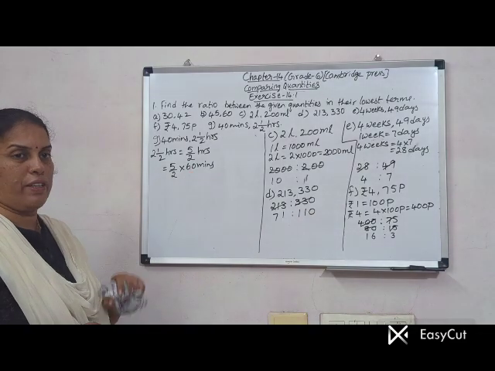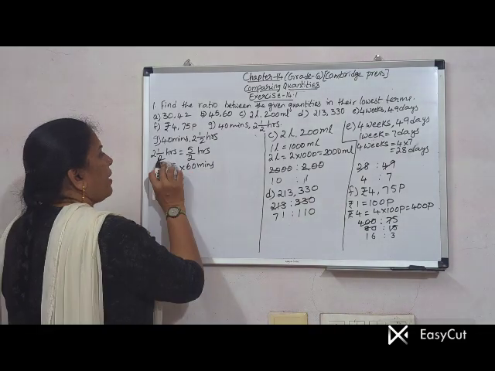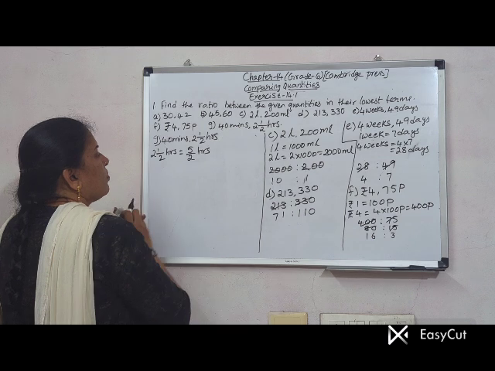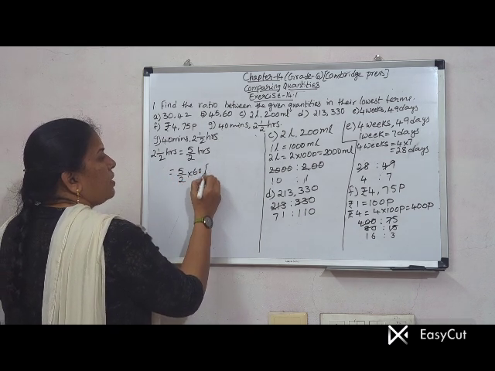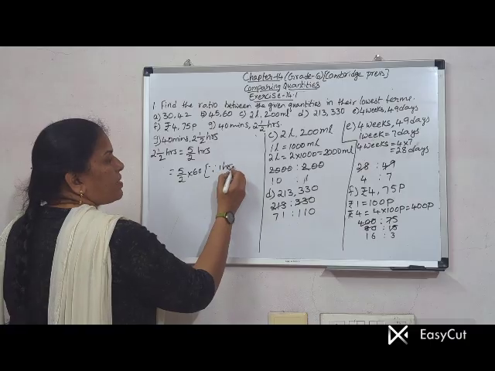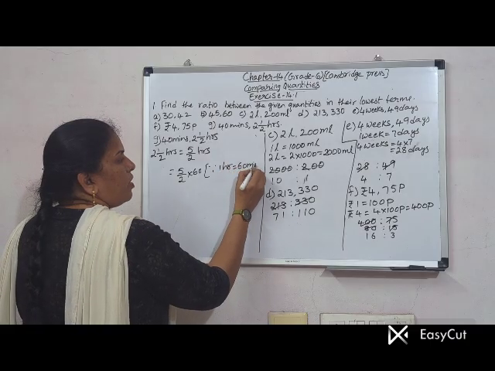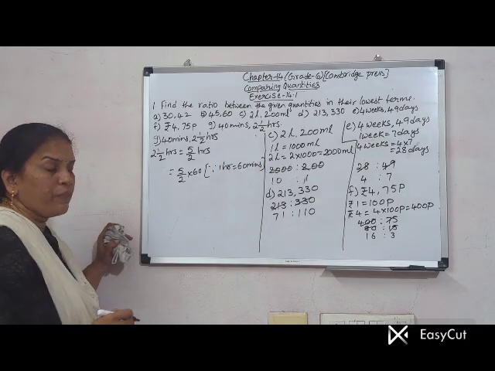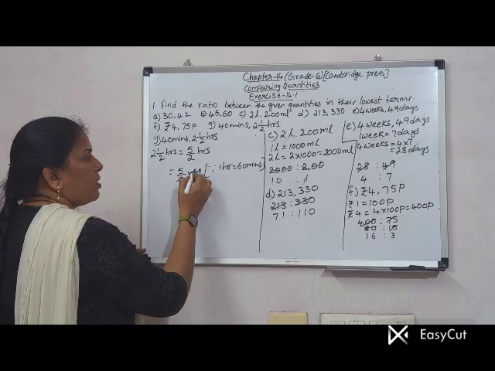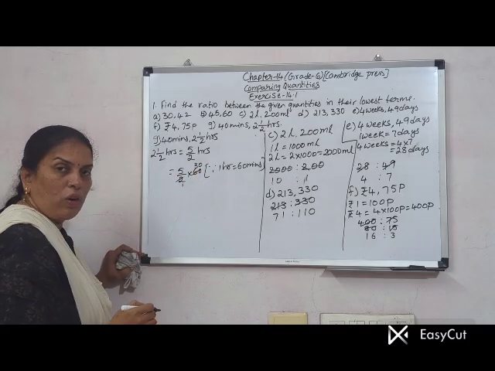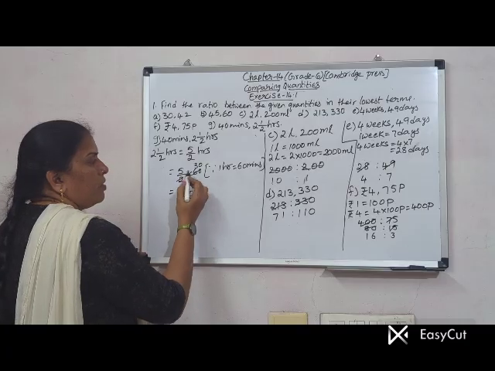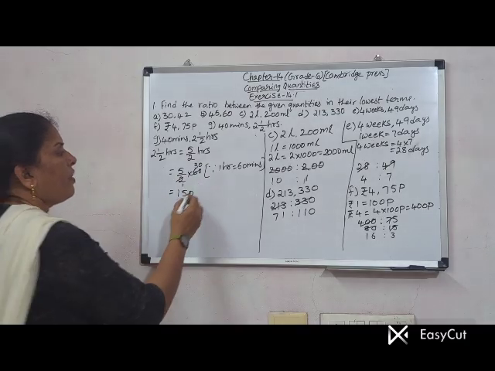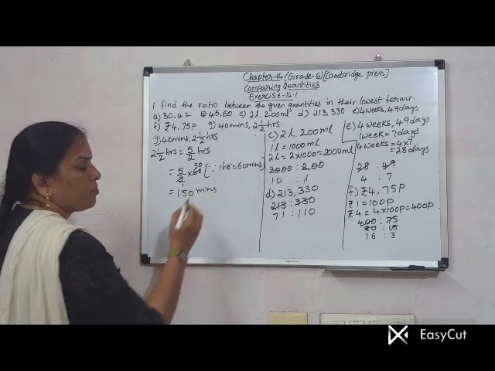So that's why I wrote 60. Okay. Now see. 5 by 2 into 60. Now 2 ones are 30. 5 30s are 150. Now 150 minutes we got.